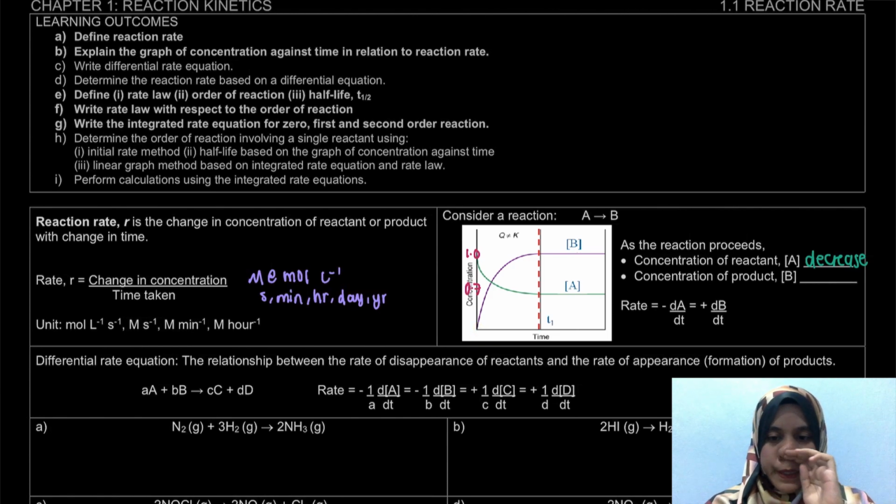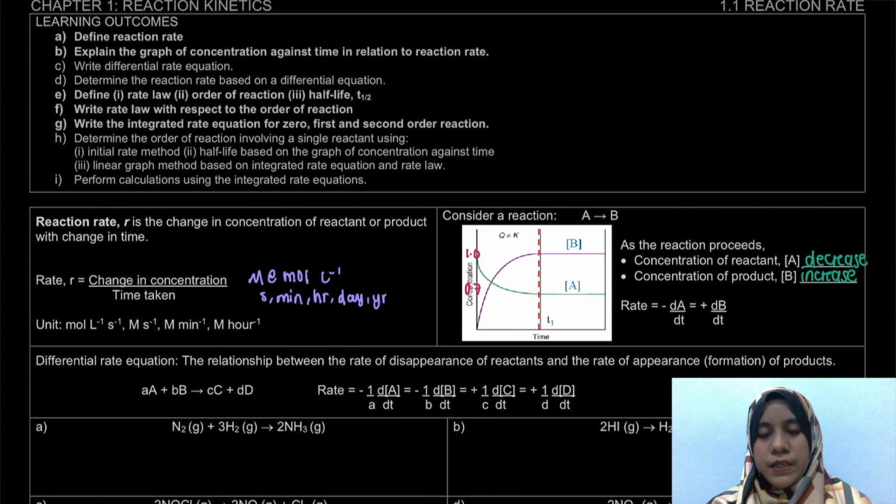But as time proceeds, as A has changed to B, the concentration of product will increase. So for example, from 0, the concentration increases to 1.0 as the reaction proceeds.